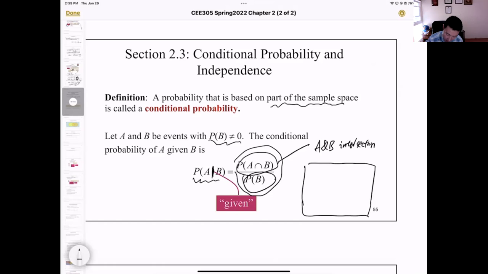So if we draw a diagram, we call that a Venn diagram, with circle A and circle B. The intersection of A and B we know is here, so the intersection will be on the top, and PB will be this circle B. Okay.